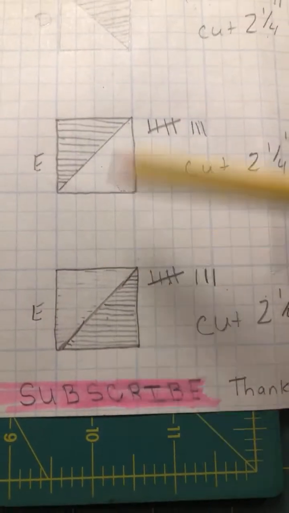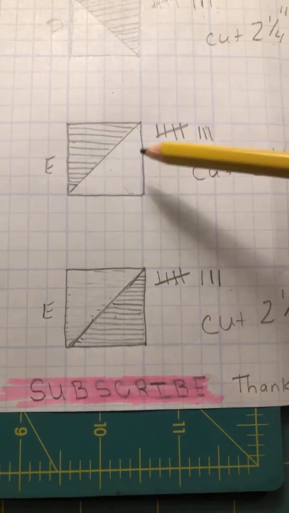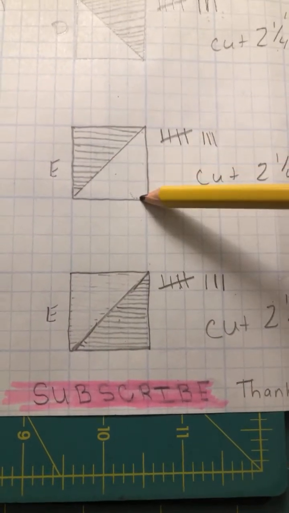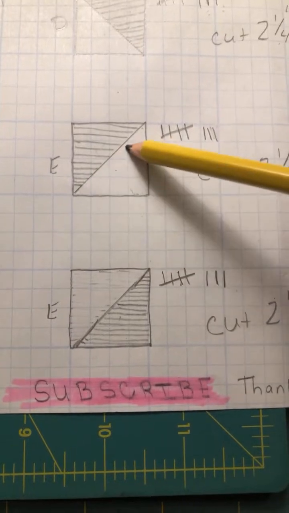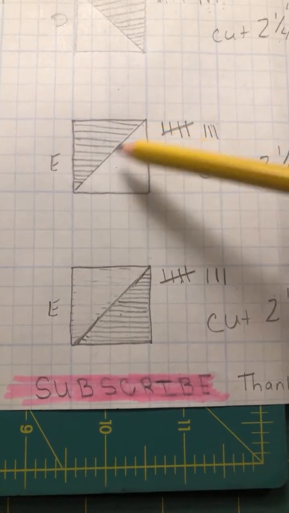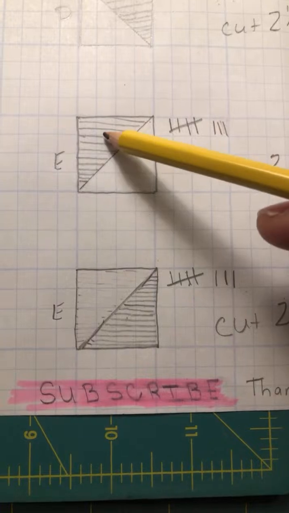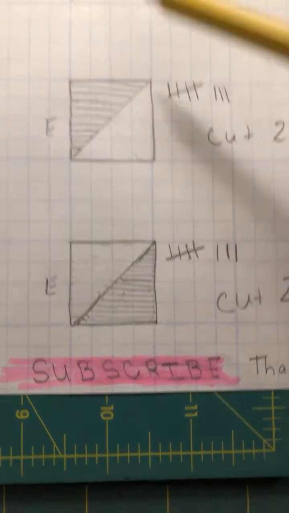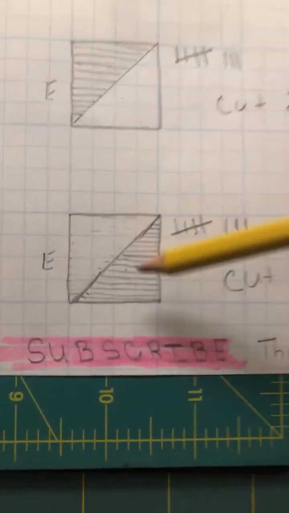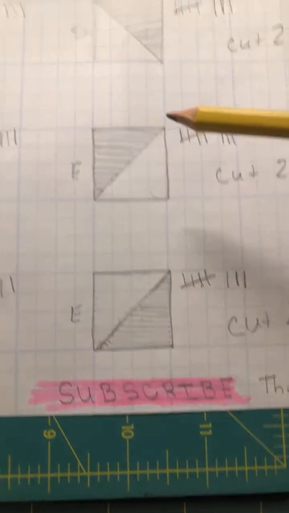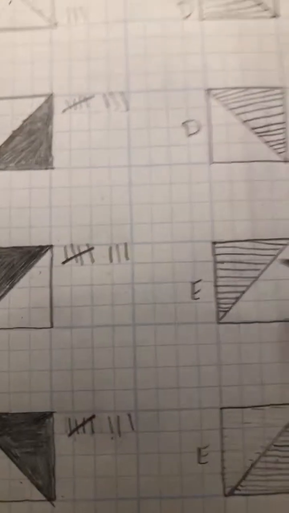So for this block here in my key, I counted 8 and 8. So these are sister blocks. So I need at least 8 squares cut in this print, and then I will cut it in the half square triangle this way. And then this is the top for this block, and this is the bottom for this one. And so over here, let's see where we have this block.